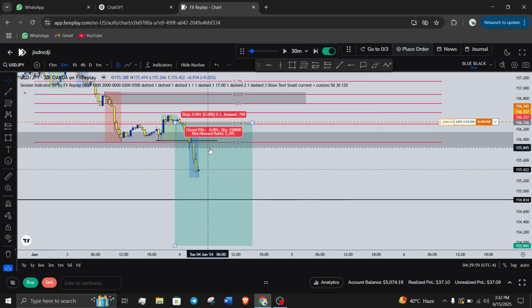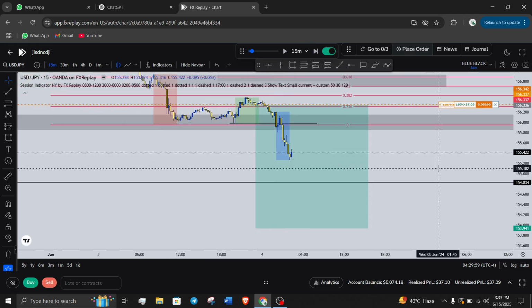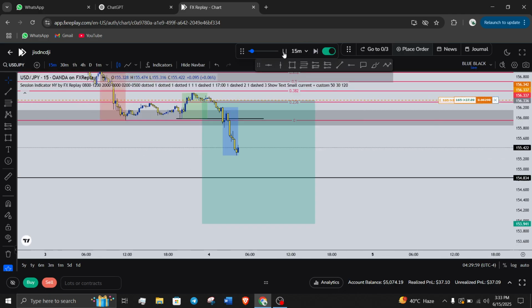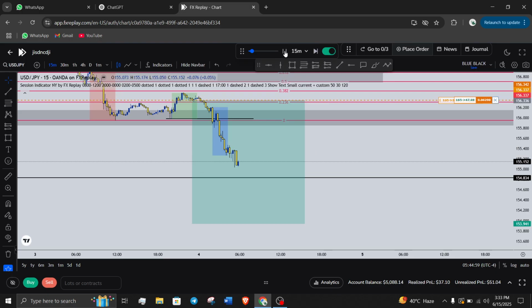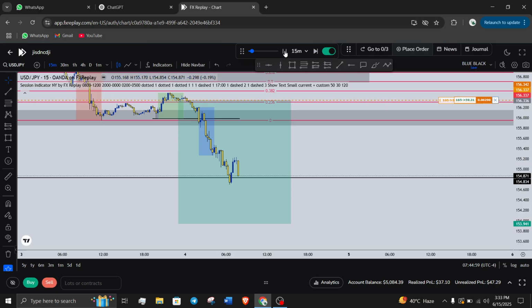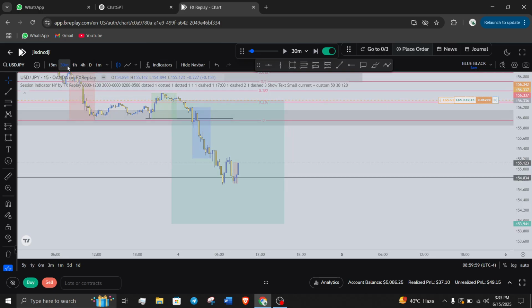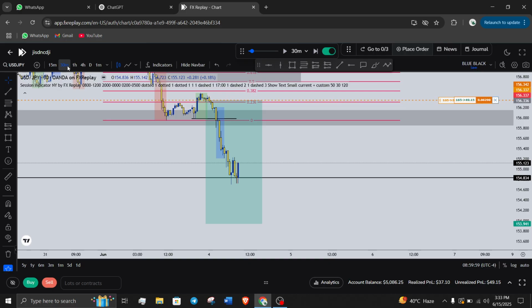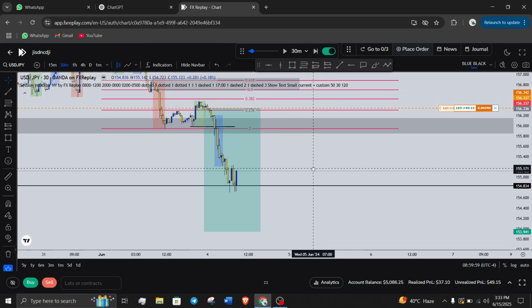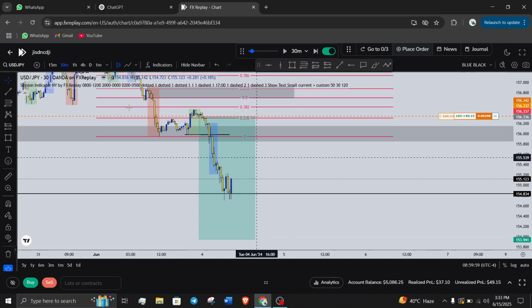So now price should come up, make a high right here and continue to move down. Let's see the structure. We do not have a close below this.